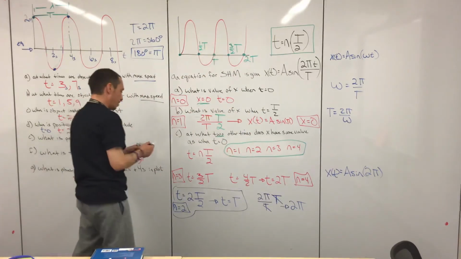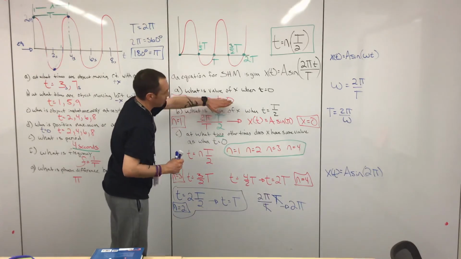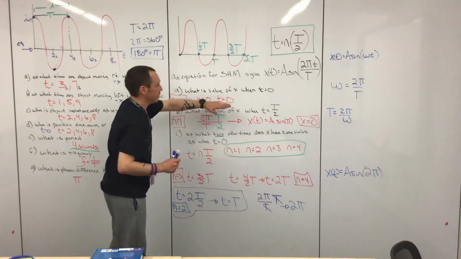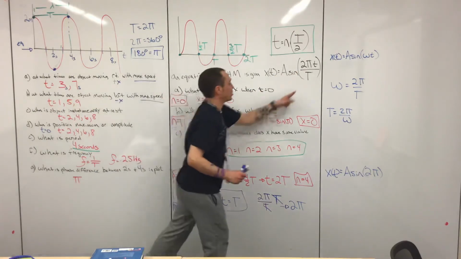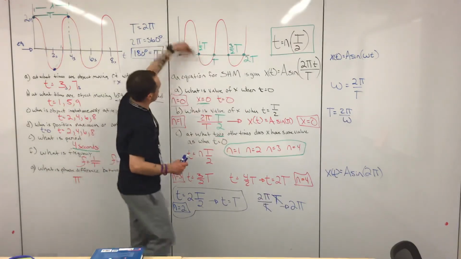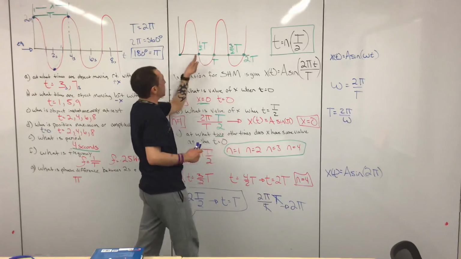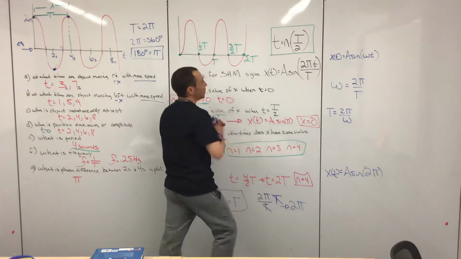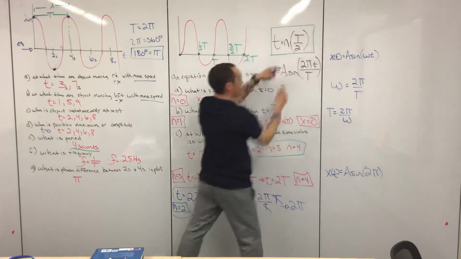So again, starting at the beginning, what is the value of x when time is equal to 0? We're just replacing time with 0. Here we replace time with 2t, but since we can see from this periodic motion that x is going to be equal to 0 every half of a period, time can function as some integer times half of a period.